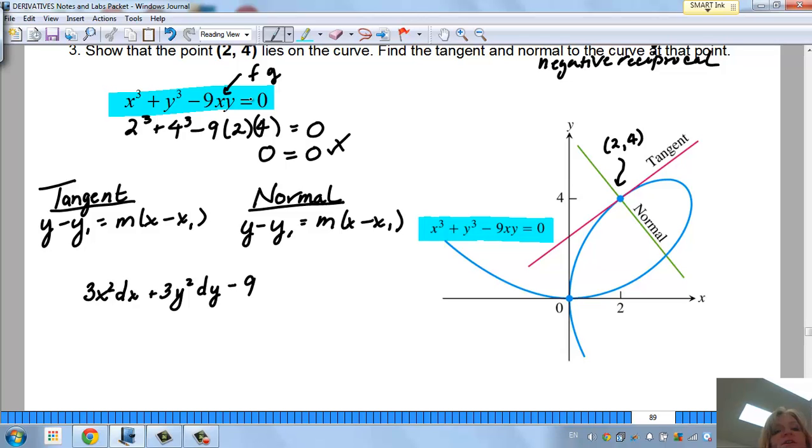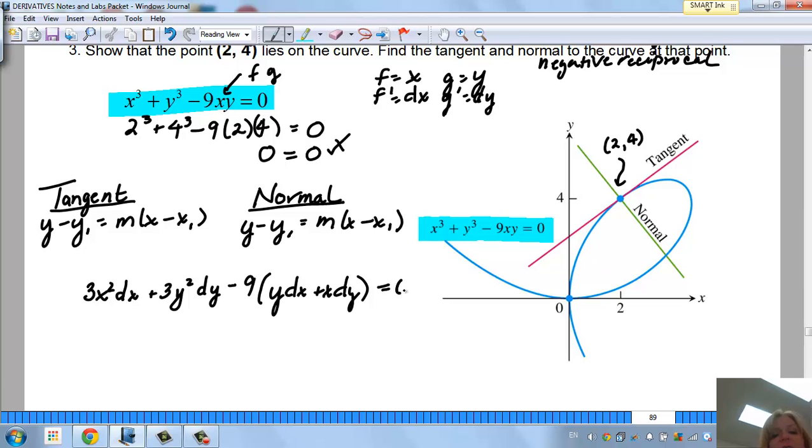Remember it was x dy plus y dx. Or if you need to do it again, say f is x, f prime is dx, g is y, g prime is dy. So it's f prime g plus f g prime: y dx plus x dy, because that's the product rule. And it's going to equal 0.